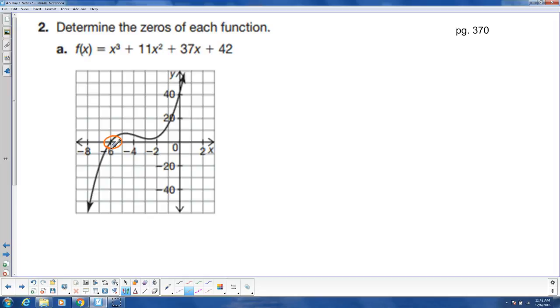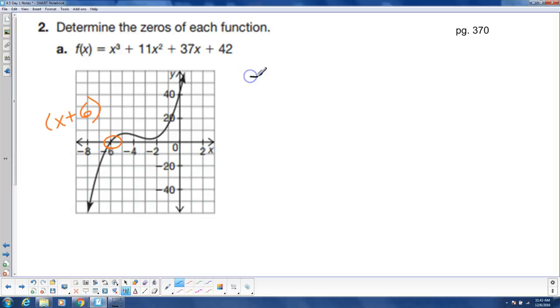If we have a factor here of x plus 6, how are we going to find the other factor of this function? How do you want to divide it into it? Synthetic would probably be a great choice. Faster, cleaner, quicker.